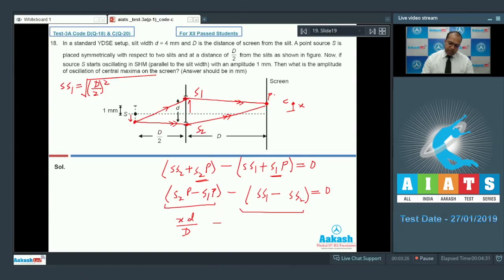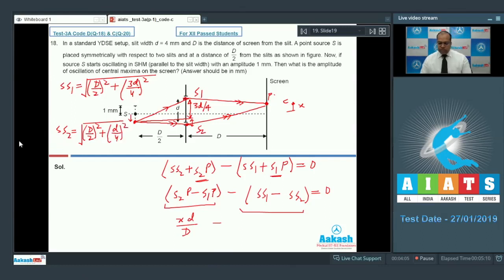This separation in terms of small d, because this separation is 4 mm and this separation is 1 mm, can be written as 3d by 4, and the remaining separation can be written as d by 4. So I can write SS1 as under root of (D by 2) whole square plus (3d by 4) whole square. Similarly, SS2 I can write under root of (D by 2) whole square plus (d by 4) whole square.